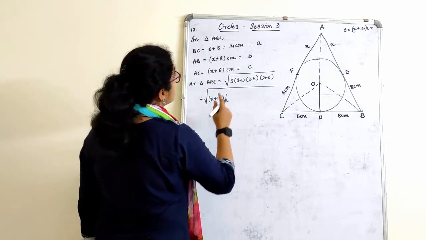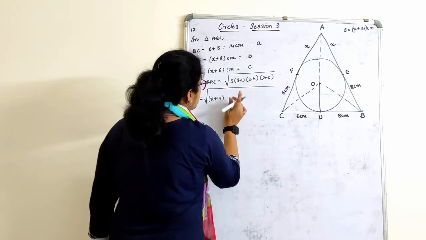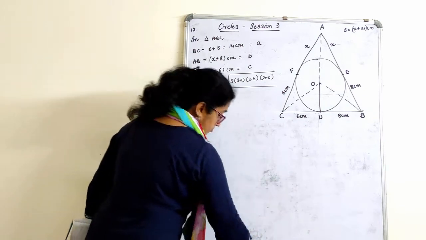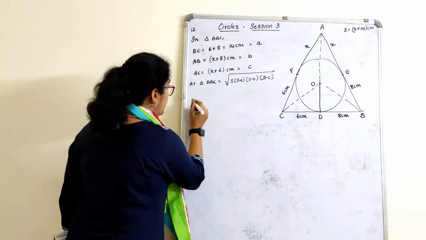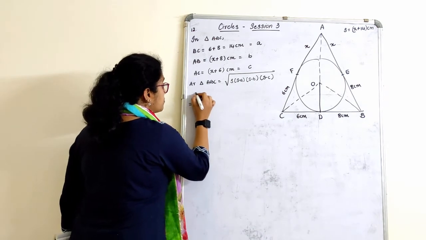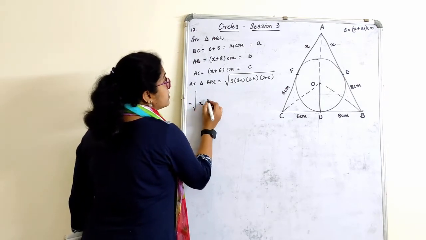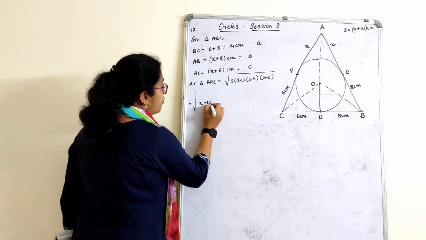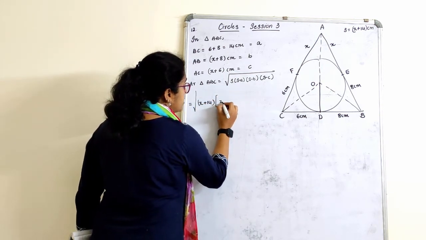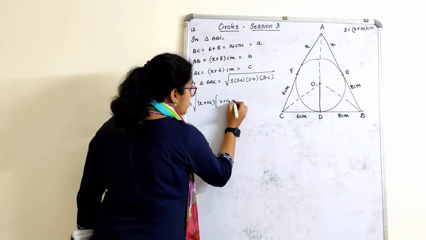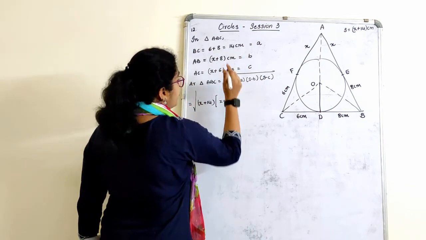What is s minus a? Again, I will write a bit from here because lots of space is required for that. This is x plus 14. Okay. s minus a. s is x plus 14 minus what is a? 14.